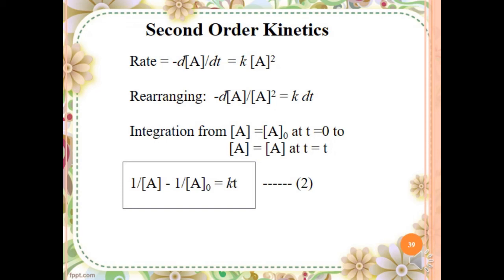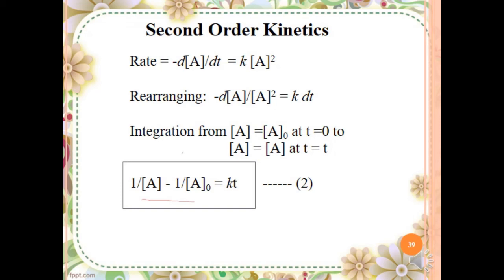So we integrate like we did for zero order and first order, from A naught to A and time t naught to t. So we have this integrated equation for second order, and you have to memorize this.